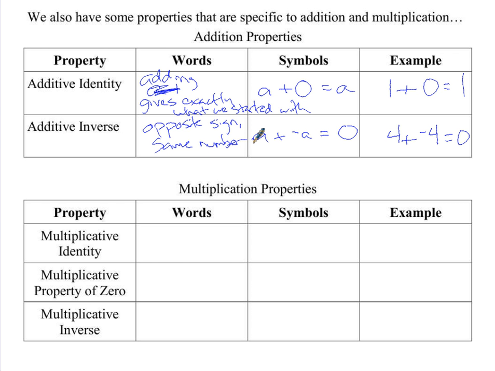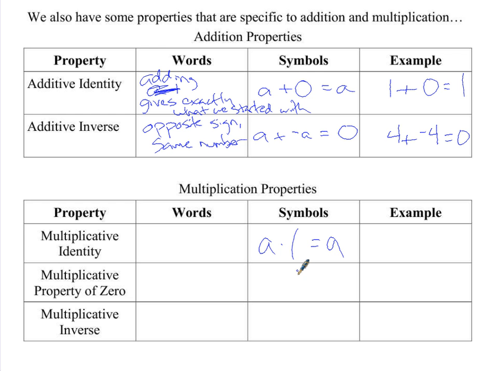Our multiplication properties. First we start off with multiplicative identity. It's a long word, tough to say, but it's multiplicative identity. I'm going to start with something, multiply by something and get exactly the same thing back. What number must that be? 1.